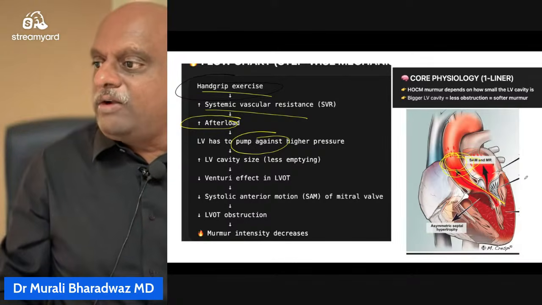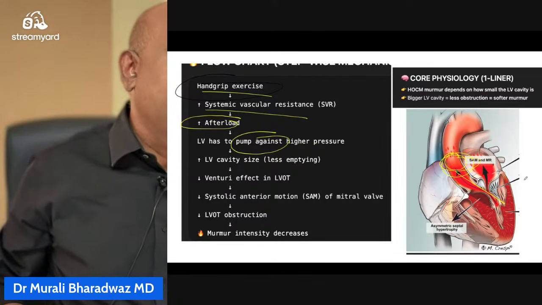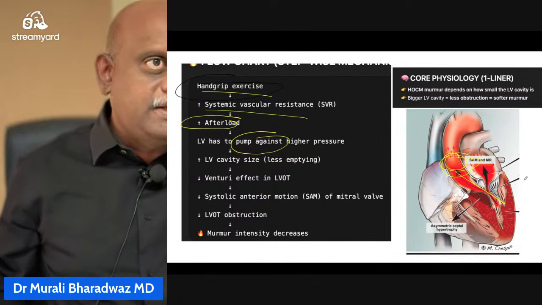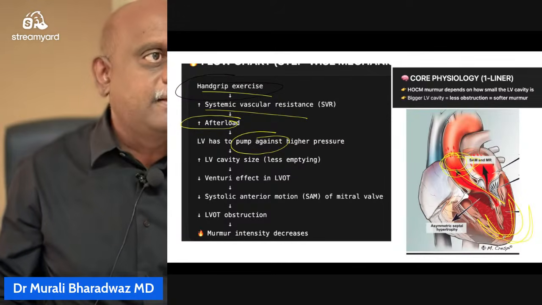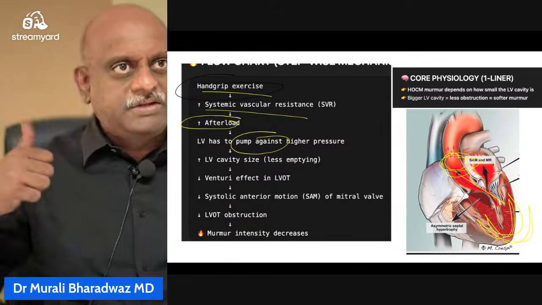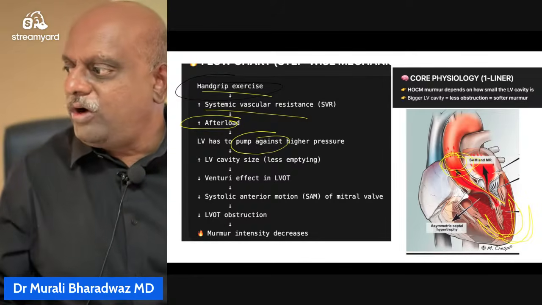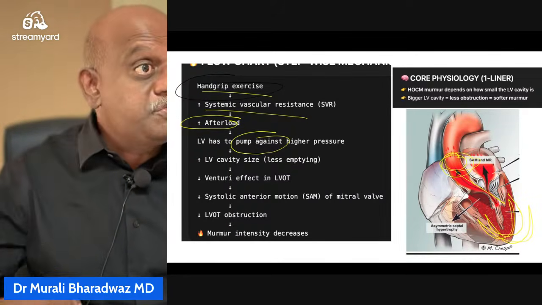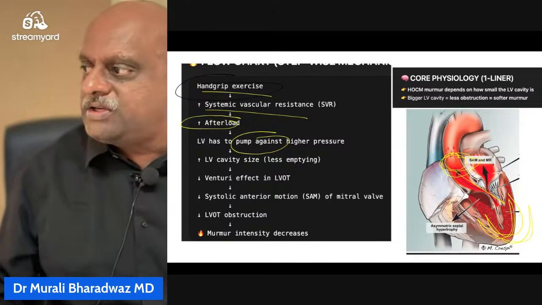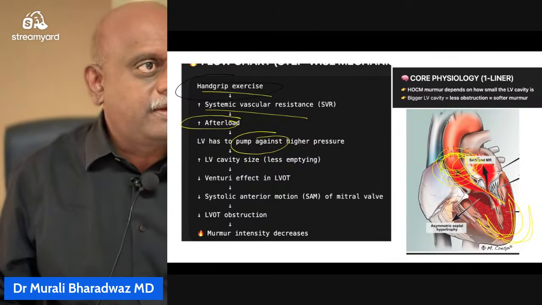Right? So what will it do to do that? Whenever the afterload increases, the inotropic state of the ventricle will increase. And what will it do? It will use more pressure to push the blood against a high afterload.